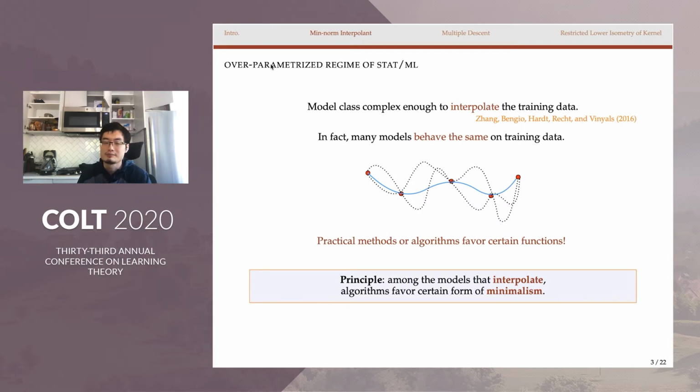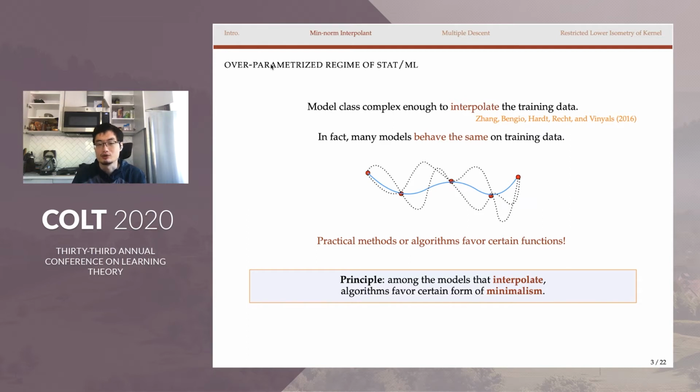So in many cases, our model class is complex enough to interpolate the training data. So in fact, as you can see in the figure, many models behave the same on training data. So what model we choose is going to depend on the specific algorithm we use.